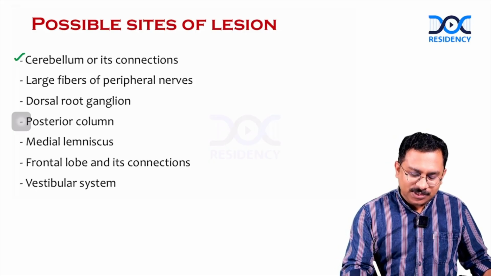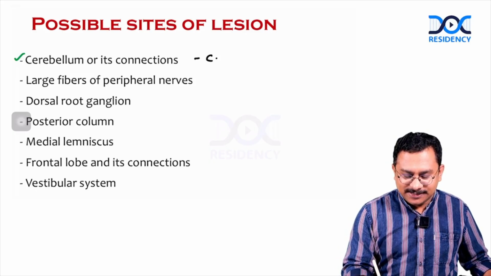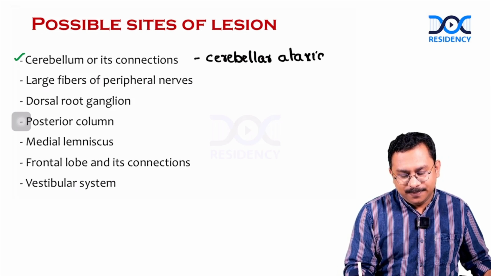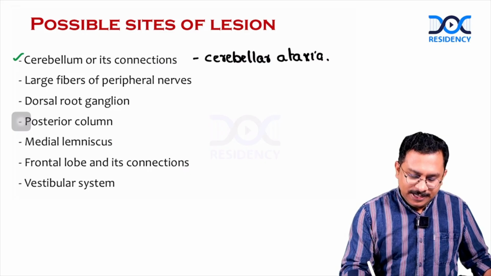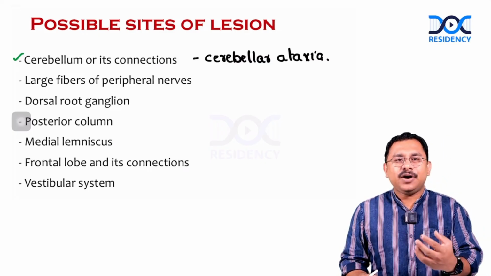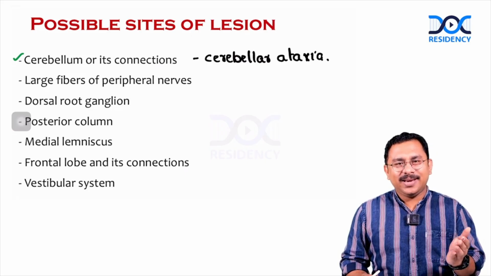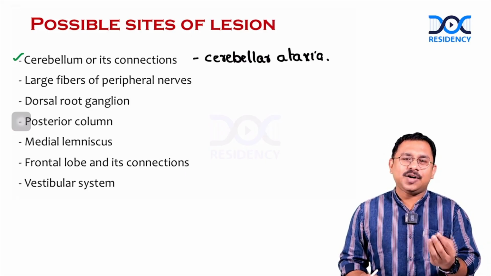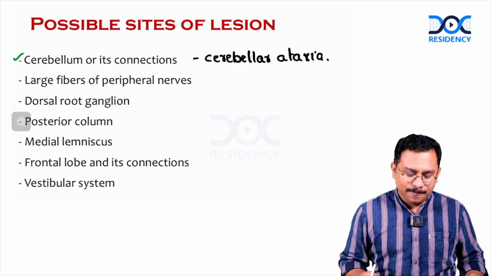So this is called a cerebellar ataxia. Patients with cerebellar ataxia will have features of cerebellar dysfunction. In addition to the ataxia, you will have other features of cerebellar dysfunction.